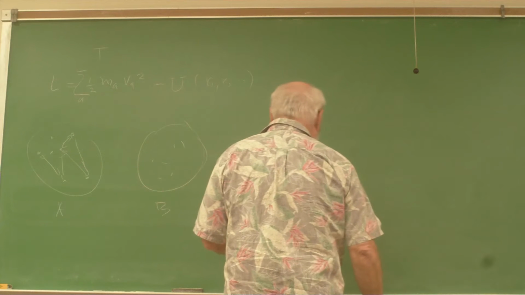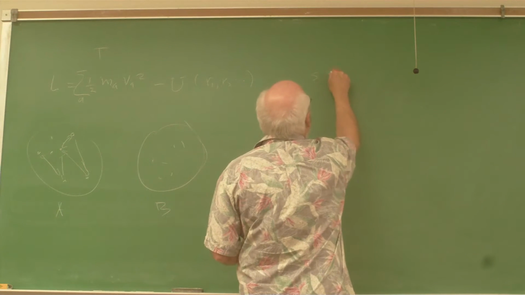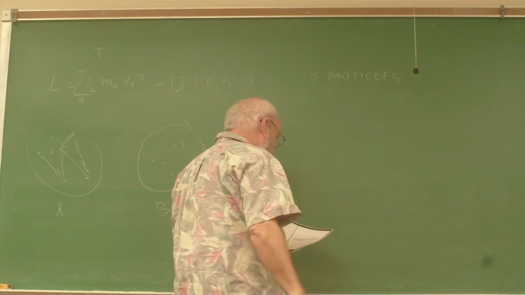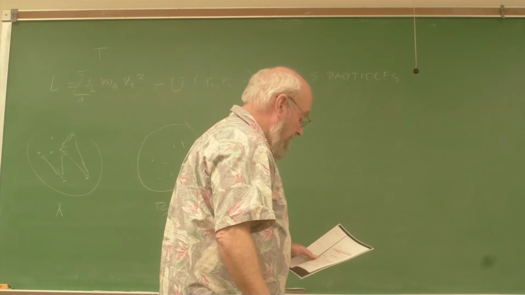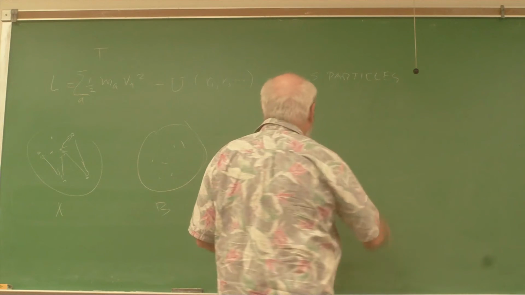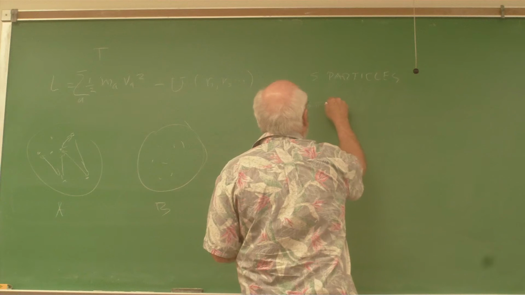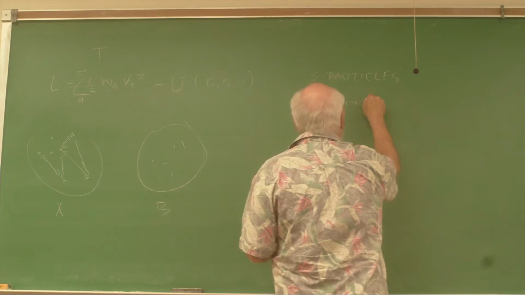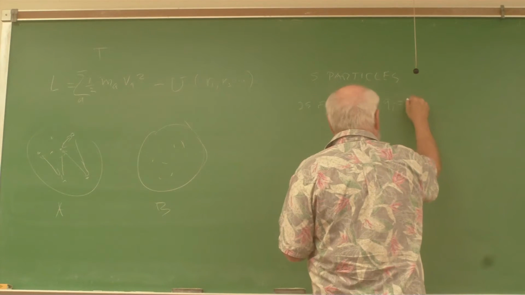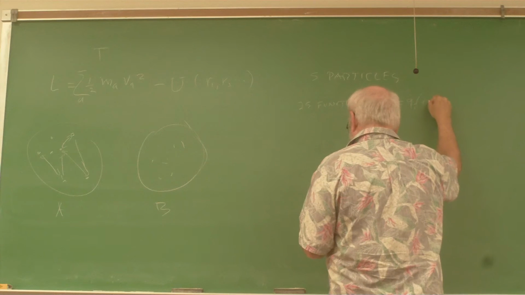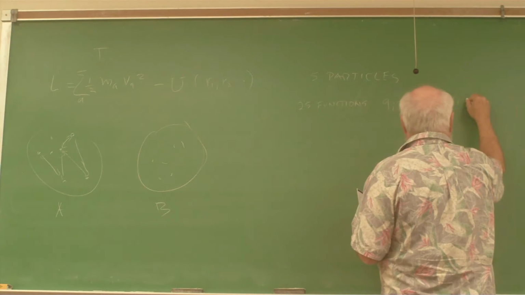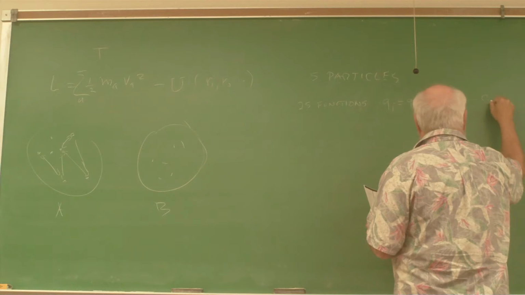Then we'll have 2S functions of the form Q_i equals Q_i of t plus t0 and C1 through C_(2S-1).